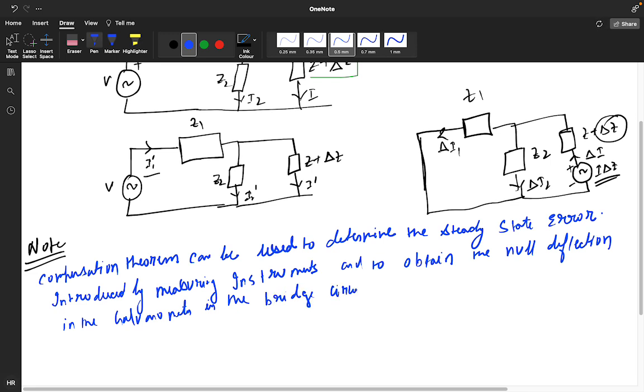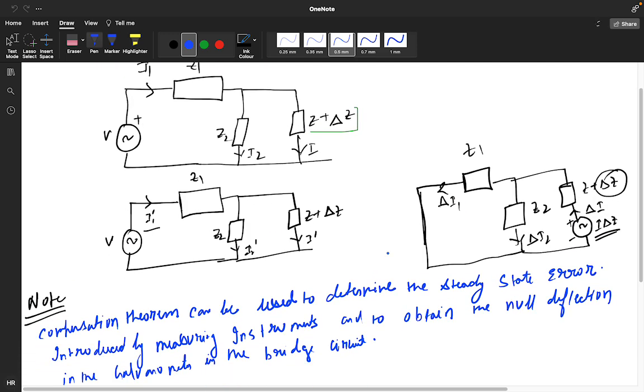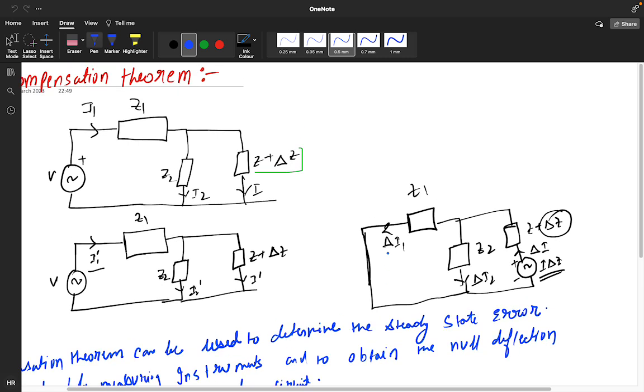So what I want to say to you is, actually, what's happening now? See, this is my voltage. This particular is my impedance. If I introduce some ammeter here, the ammeter will not show the exact current.